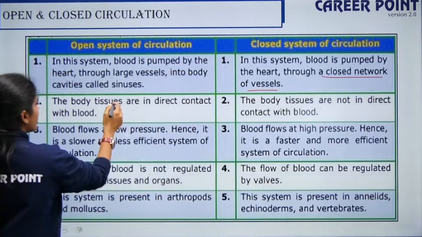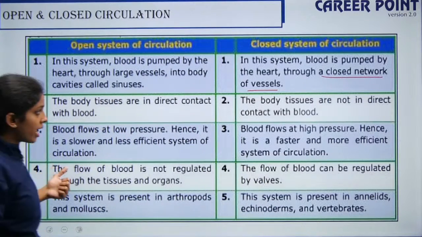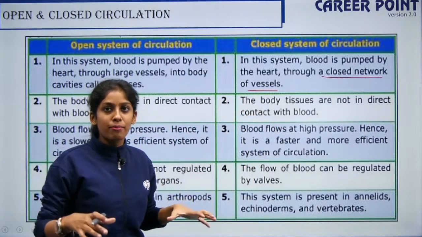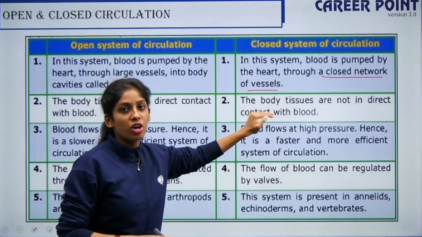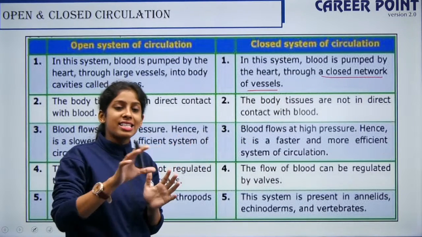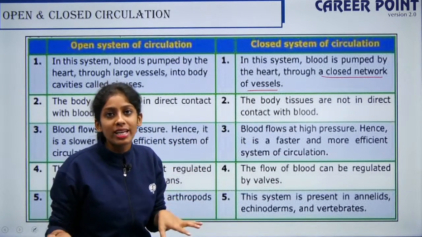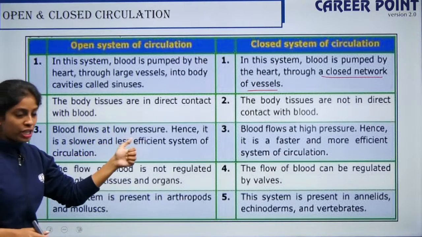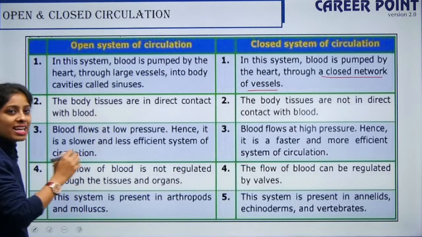In the open system, the body tissues are in direct contact with the blood. In the closed system, the body tissues are not in direct contact with the blood because each one has a separate vein and artery moving inside, right? In the open system, blood flows at low pressure, hence it is slower and a less efficient system.